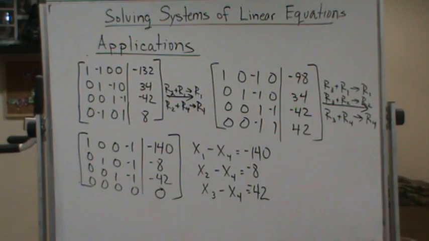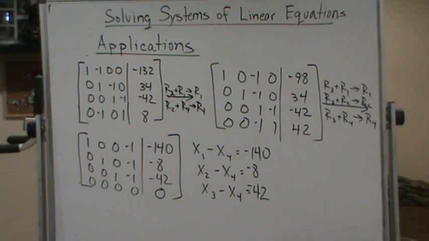So D and A would be X4, right? Because again, it's all dependent on the flow rate on that stretch of road between intersection D and intersection A. It says determine the flow rates of X1, X2, and X3.